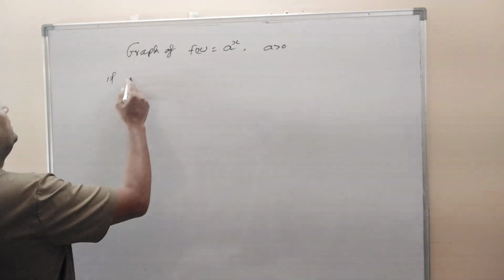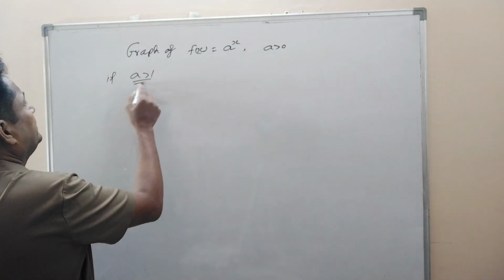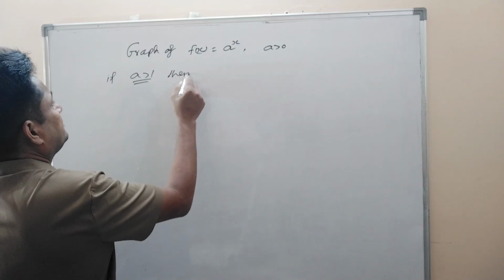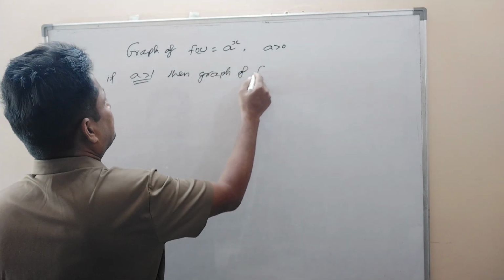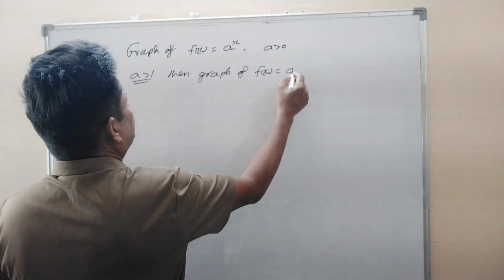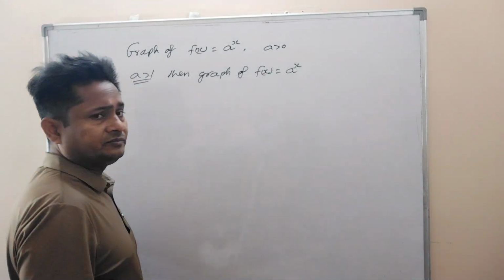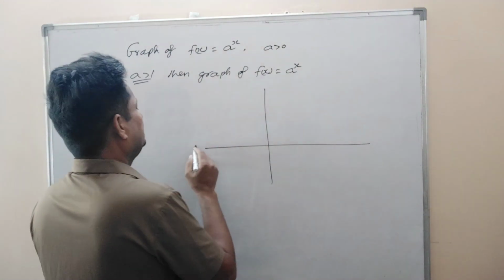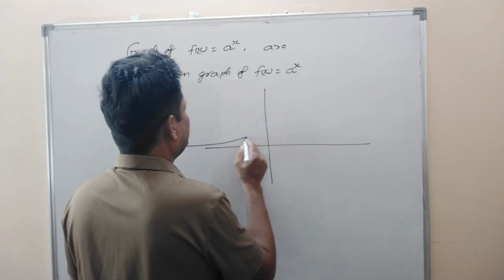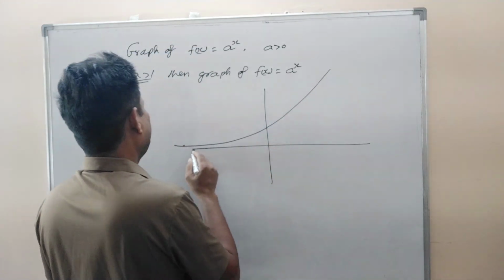So if a is greater than 1, then the graph of f(x) = a to the power x will be like this one. The graph will be like this type.